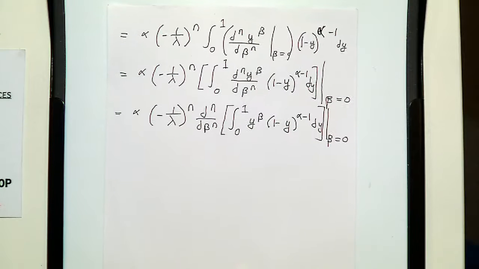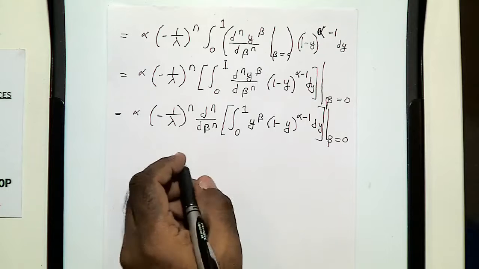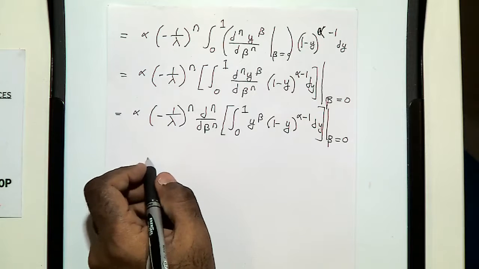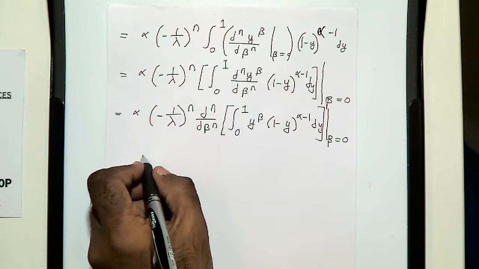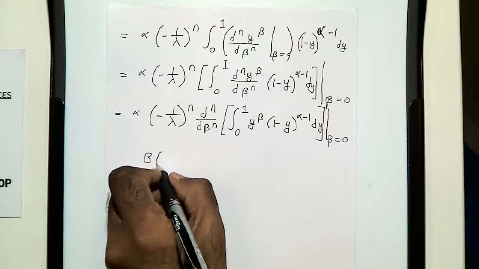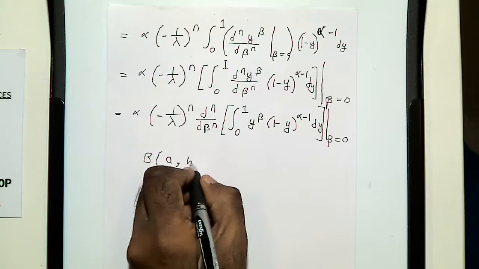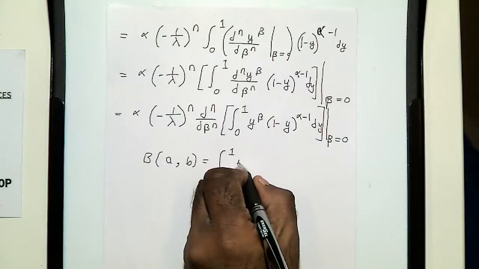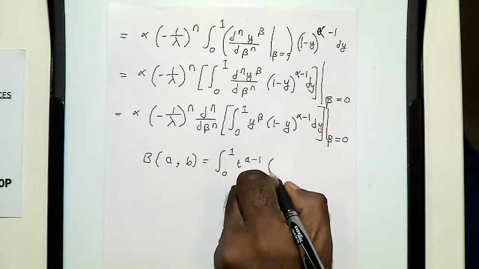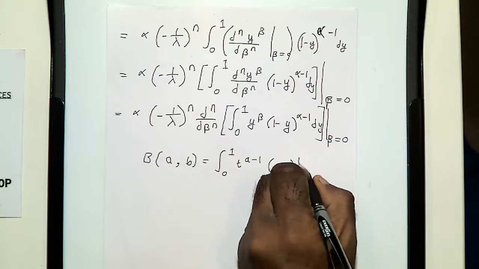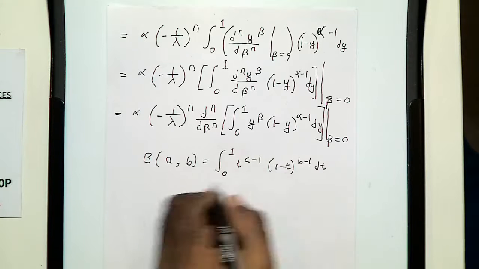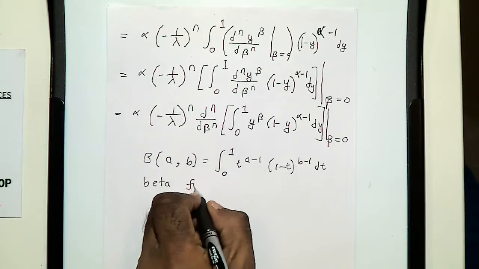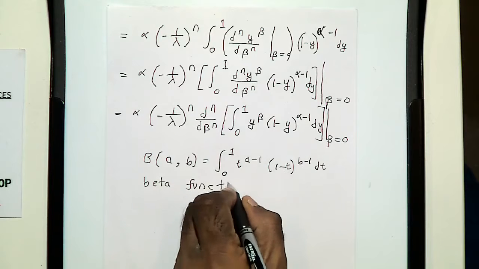And in the final step, I'm going to use another fact. There's a video on the course website on something known as the beta function, which is defined like this. This function is known as the beta function, and there's a video about this on the course website.